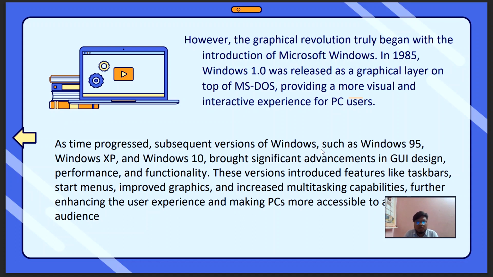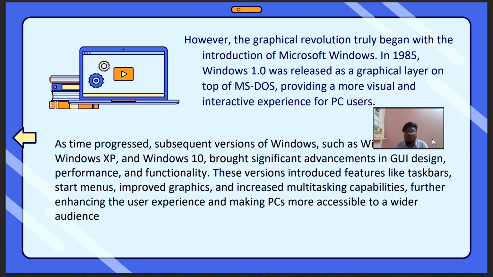As time progressed, subsequent versions of Windows such as Windows 95, Windows XP, Windows 7, and Windows 10 brought significant advancement in GUI design, performance, and functionality. These versions introduced features like the taskbar, start menu, improved graphics, and increased multitasking capabilities, further enhancing the user experience and making PCs more accessible to a wider audience.